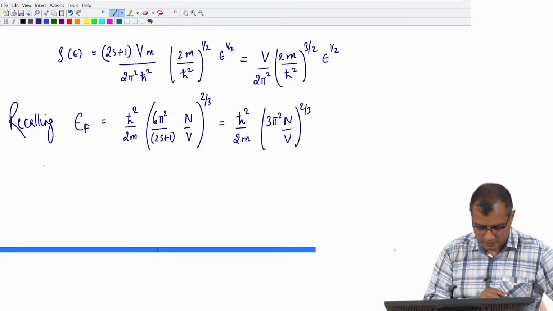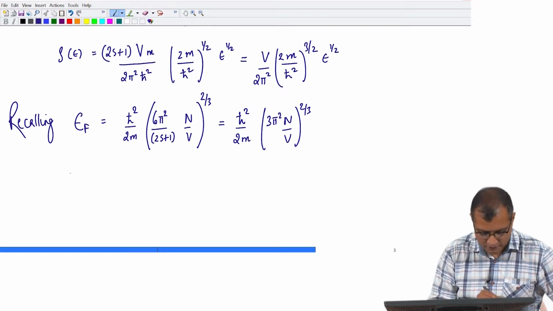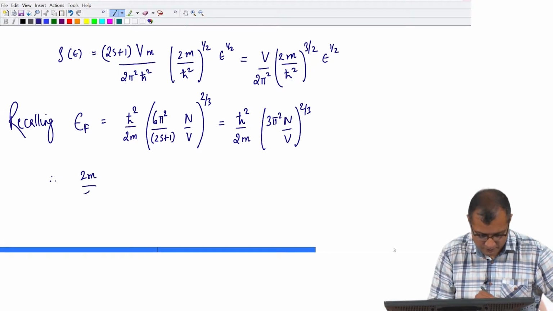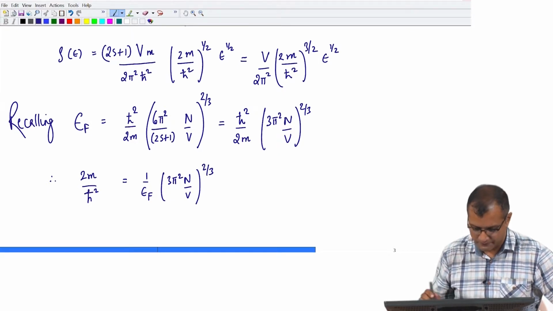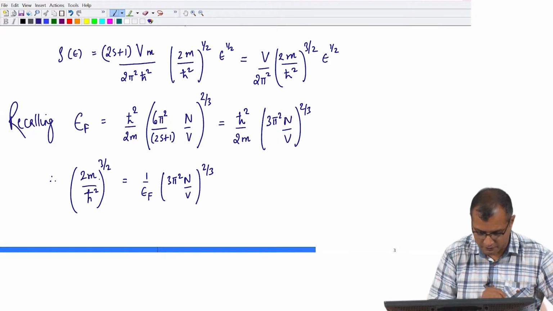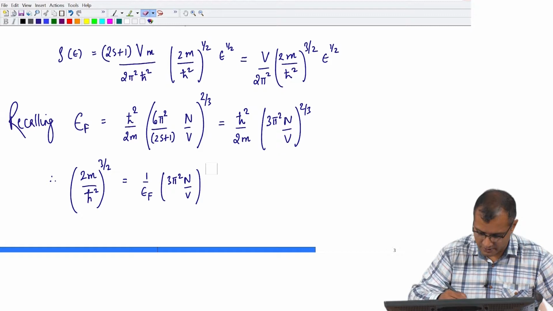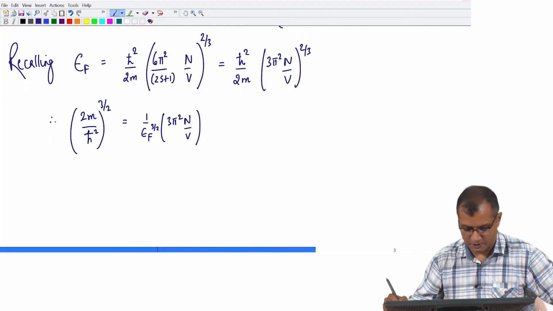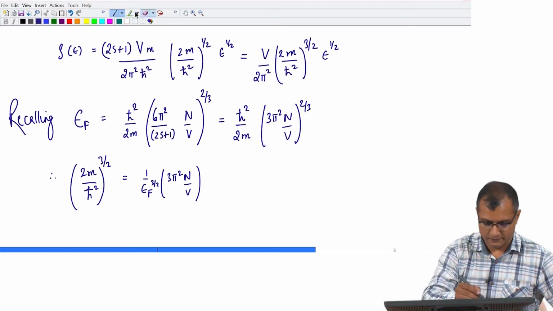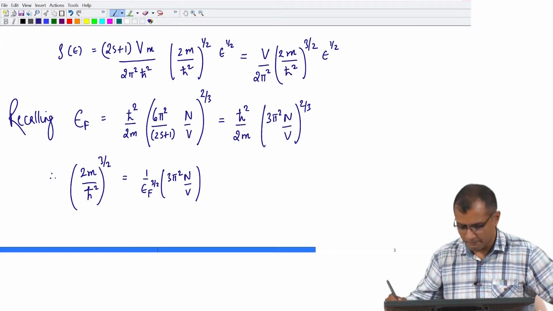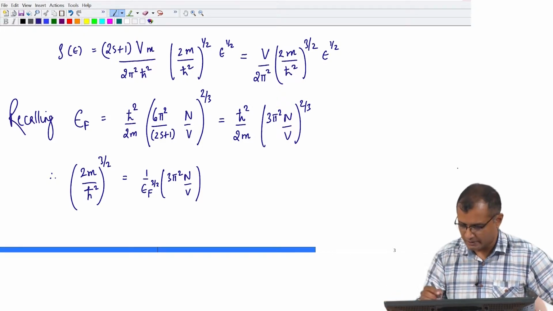From the Fermi energy expression, I can write for 2m by h cut square as 1 upon EF into (3 pi square n by V) to the power 2/3, and if I raise this to the power 3 by 2, then this is nothing but 1 upon Fermi energy raised to 3 by 2 into 3 pi square n by V. Now, you can simply plug this value of (2m by h cut square) raised to 3 by 2 here in the density of states.